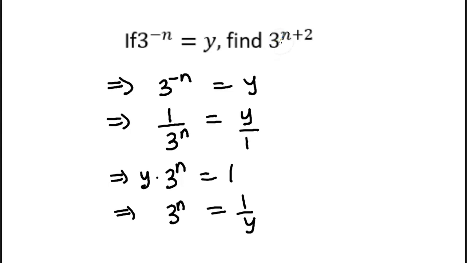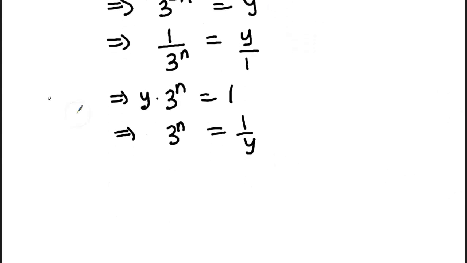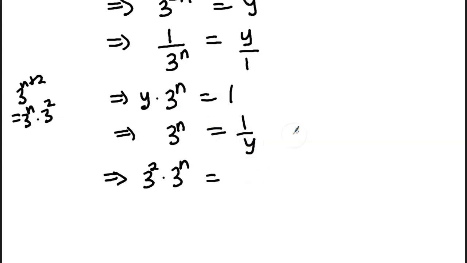And we have been asked to find 3 raised to the power n plus 2. Now 3 raised to the power n plus 2 is the same as 3 raised to the power n times 3 raised to the power 2. So the only term left is 3 raised to the power 2. So we can multiply through by 3 raised to the power 2. So 3 raised to the power 2 times 3 raised to the power n, we are multiplying both sides.